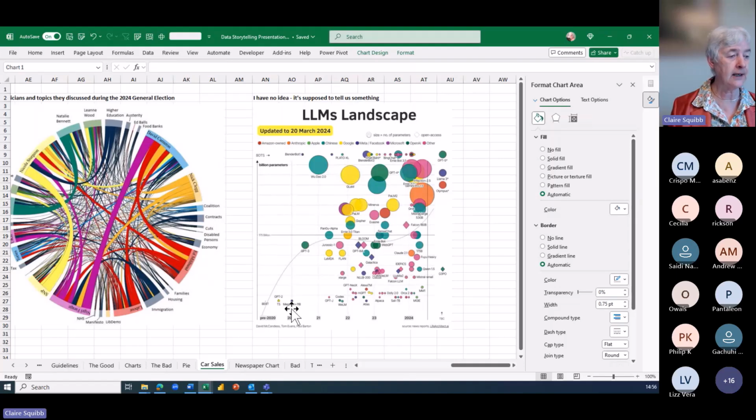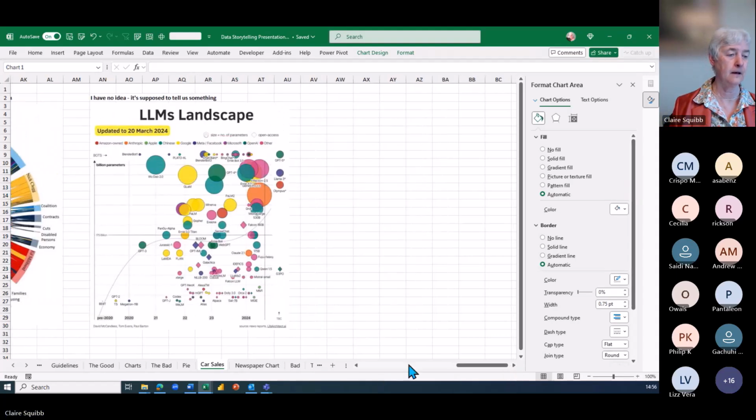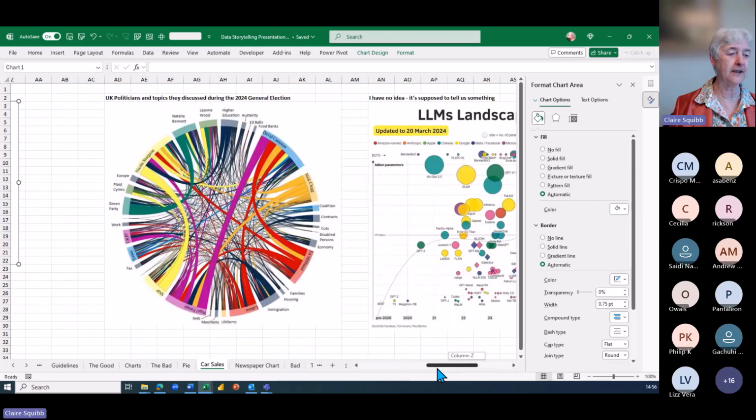And it doesn't even tell you why some of them are diamonds and some of them are circles. And I don't know what this line represents. So there is a genuine chart that's got just too much information on. So a couple of really bad charts there.